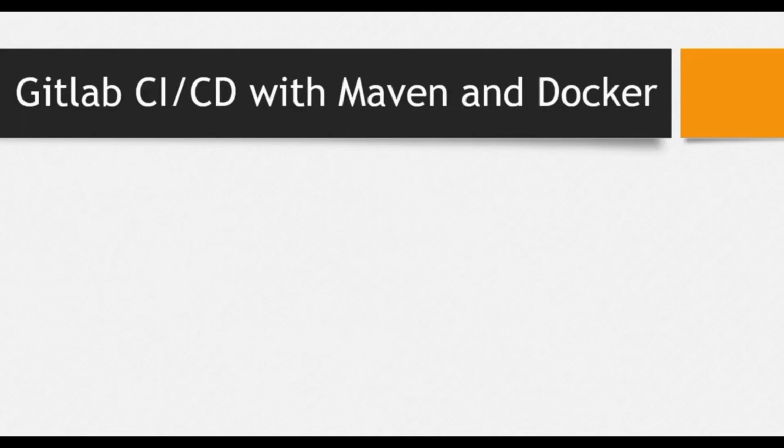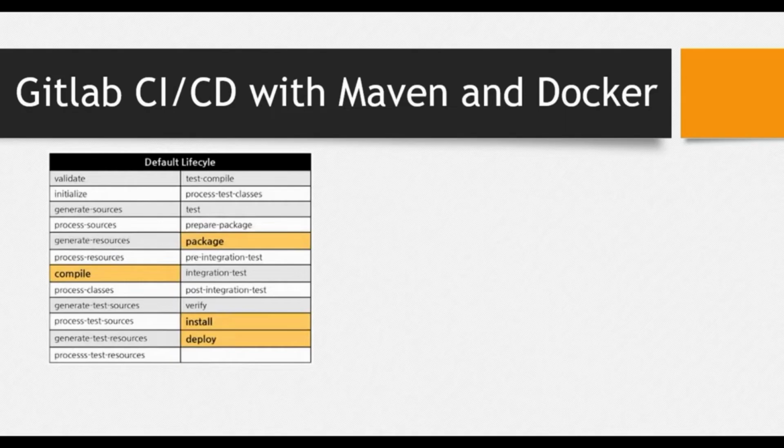In this GitLab CI/CD Maven project, we'll also be using Docker, so we don't have to install Maven on some runner. We'll use the Docker runner, and we will create a Maven build in Docker containers.